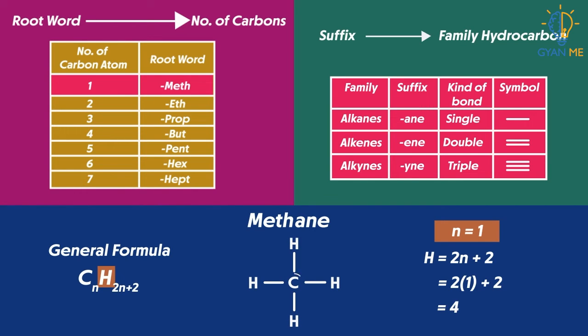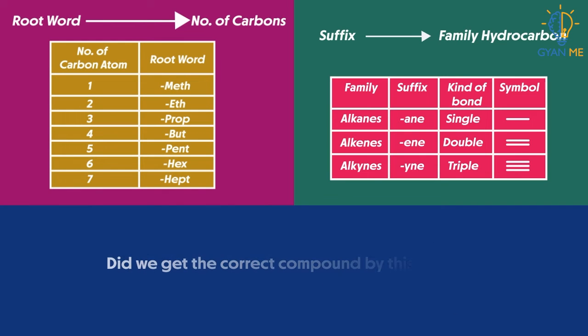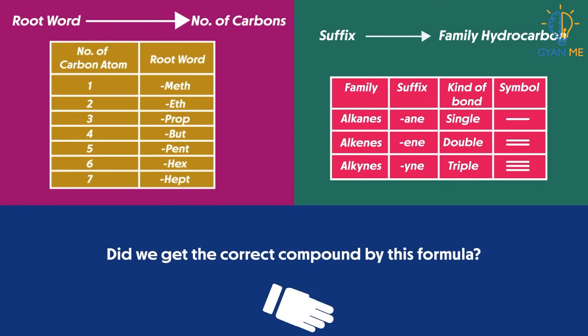So we have here one carbon bonded to 4 hydrogen atoms by single covalent bonds, that is CH4. It is because we are studying alkane compounds, they have only single covalent bonds. Thus 4 bonds will satisfy the 4 valencies of carbon and the individual valencies of hydrogen as well. Now pause the video and think, did we get the correct compound by this formula?